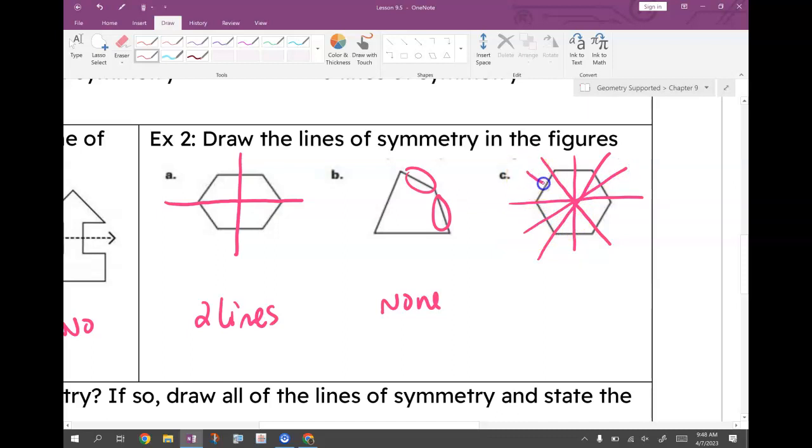Another middle of the side. There you go. So let's start here. How many do we have? So that's 1, 2, 3, 4, 5, 6. And then obviously we're not going to include that one that we've already looked at. So how many do we have? One. Make sense? You guys good there?